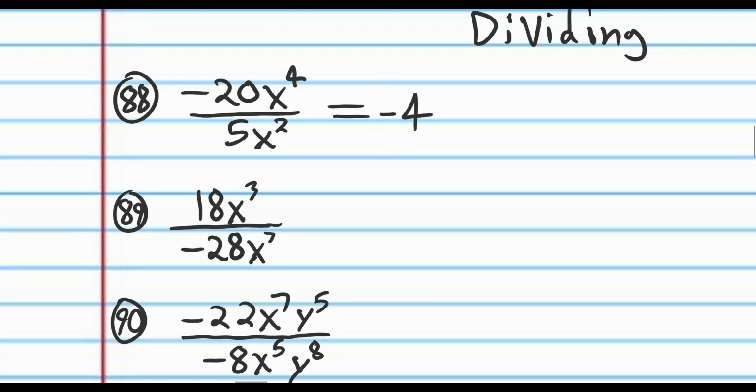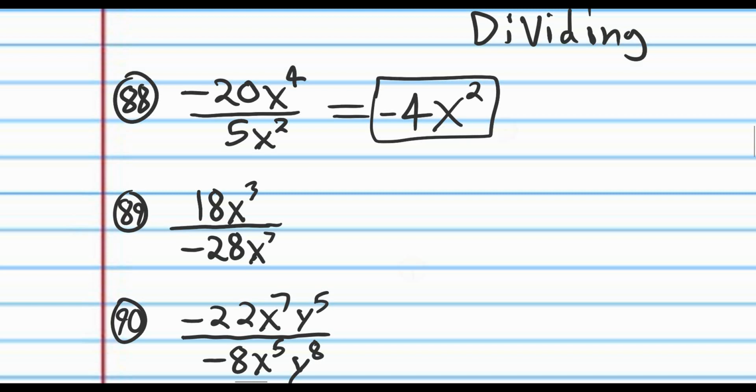Now, when we multiply variables, we add the powers. If we divide the variables, division is the opposite of multiplication, so you guessed it. If we divide the variables, we subtract the powers. So it's going to be 4 minus 2. So you get negative 4x to the 2nd power.